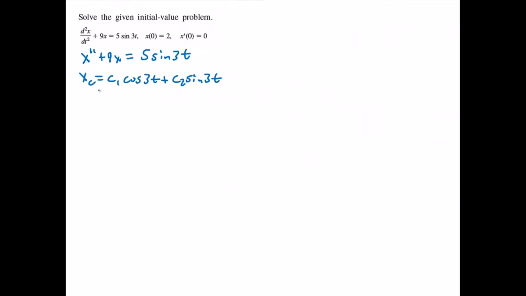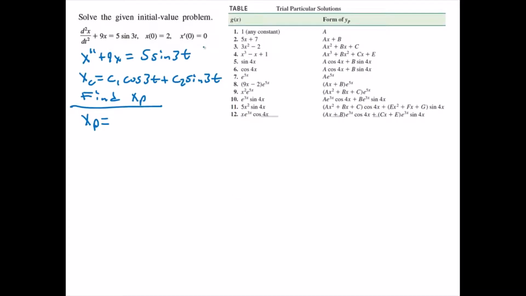So we've found our complementary solution, and our next step will be to find our particular solution, x sub p. To do that, we'll have to come up with a proposed solution for this particular solution, and we'll use the following table. If we go to the table, we can see that we need something for g of x.